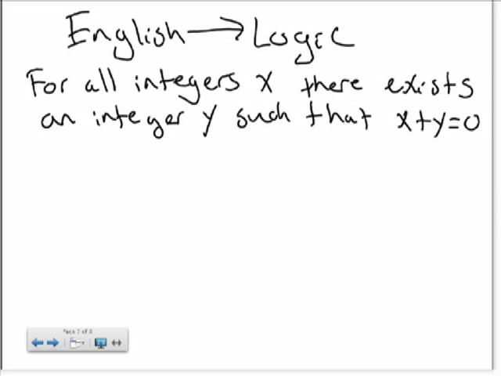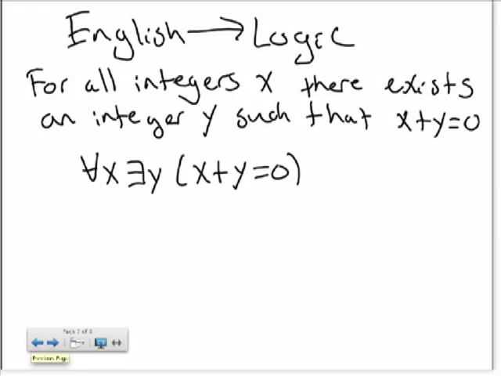The first clue is the for all integers x, so we use the for all symbol, and then we say there exists an integer y such that x plus y is equal to 0, and the domain is all integers for x and y.